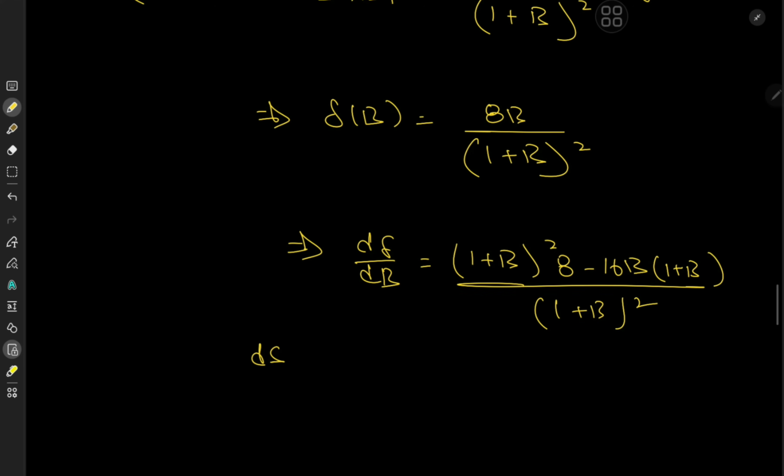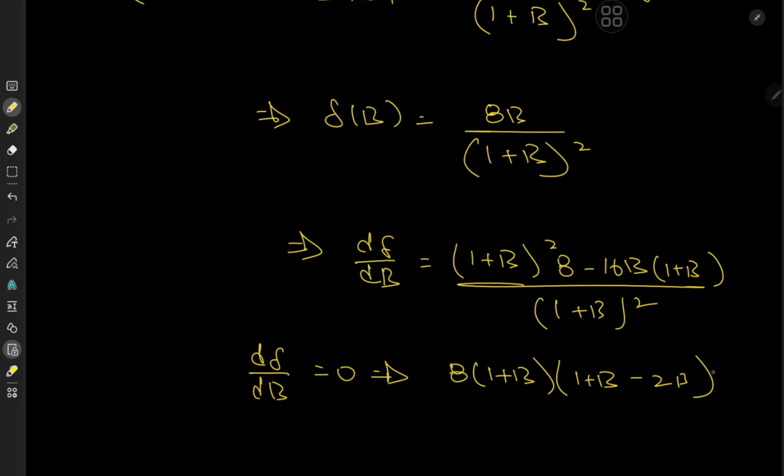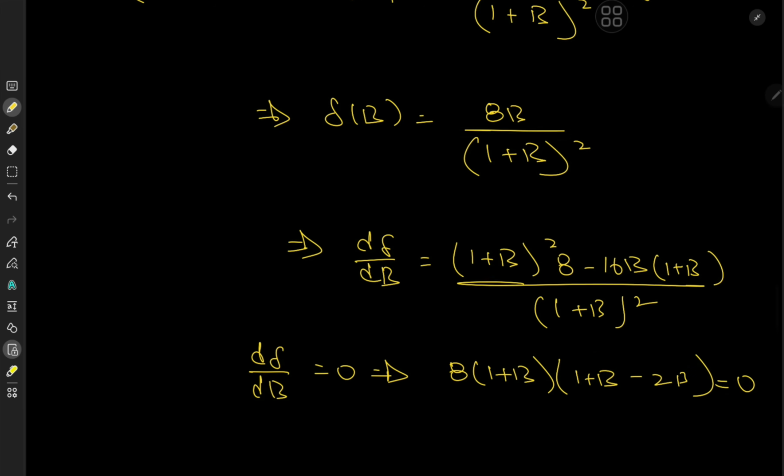So d delta over db equal to 0 does imply that the 8s can cancel out, and you can factor out 8 times 1 plus b, and then you're left with 1 plus b minus 2 times b, correct? So this equals 0.